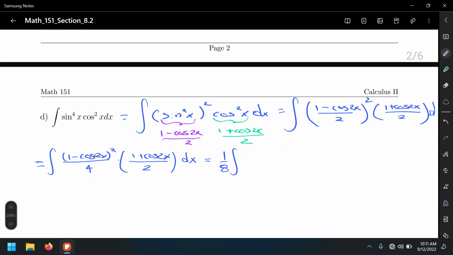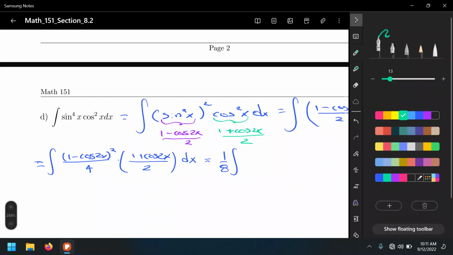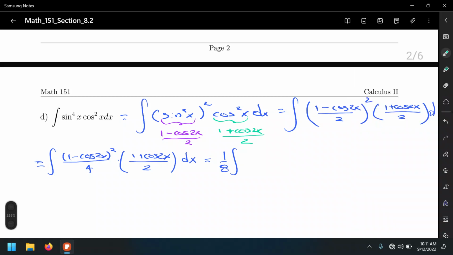And at the same time, I'm going to do some algebra over here. There's a couple of ways to simplify this 1 minus cosine 2x quantity squared. Number 1, you might want to multiply it with itself, then FOIL, which is fine, but it's a little time consuming.